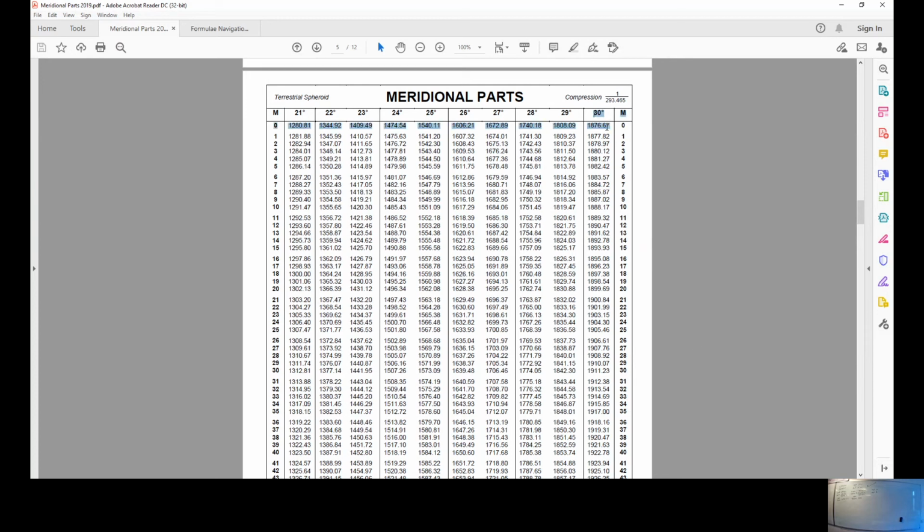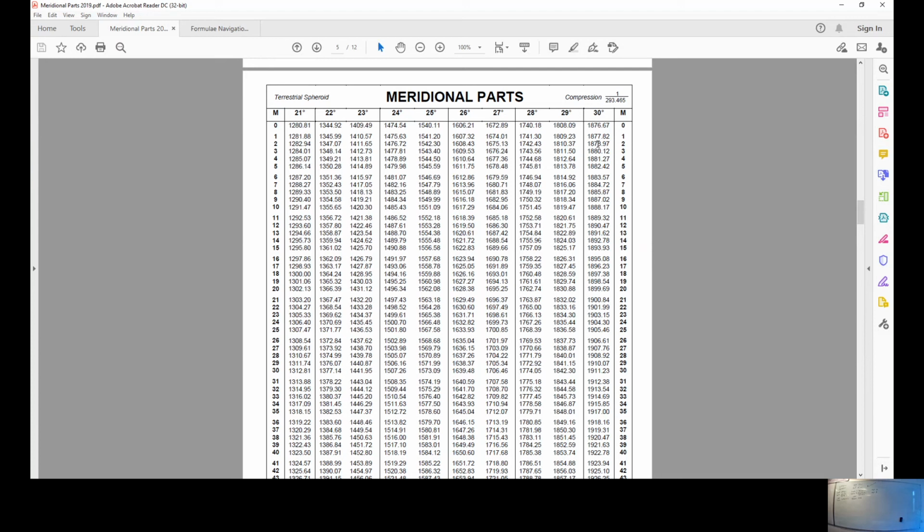So if, for example, you had 30 degrees 1 minute, you would be at 1877.82. If you had 30 degrees 2 minutes, you'd be at 1878.97. If you were at 30 degrees 1.5 minutes, you could interpolate between those two values to get the 0.5 value, in other words, halfway. You can do that, but this question we don't need to.